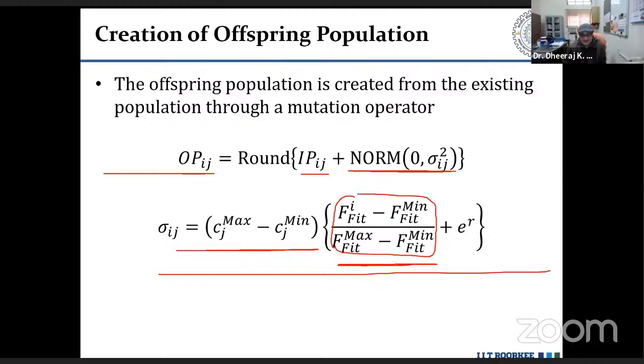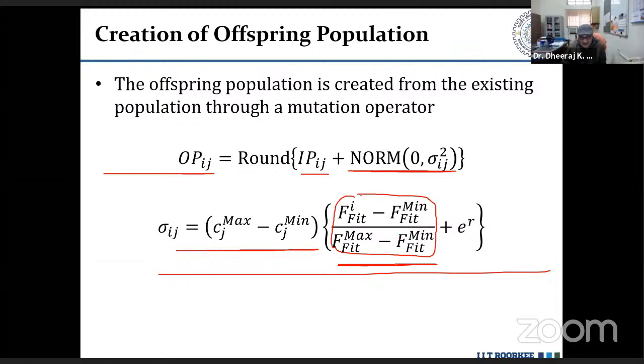How? Suppose the fitness of any ith individual is equal to f min, that is the best fit, so this value will be 0. For worst fit, the fitness of ith individual will be equal to f max, so f max minus f min divided by f max minus f min, so it will be 1.